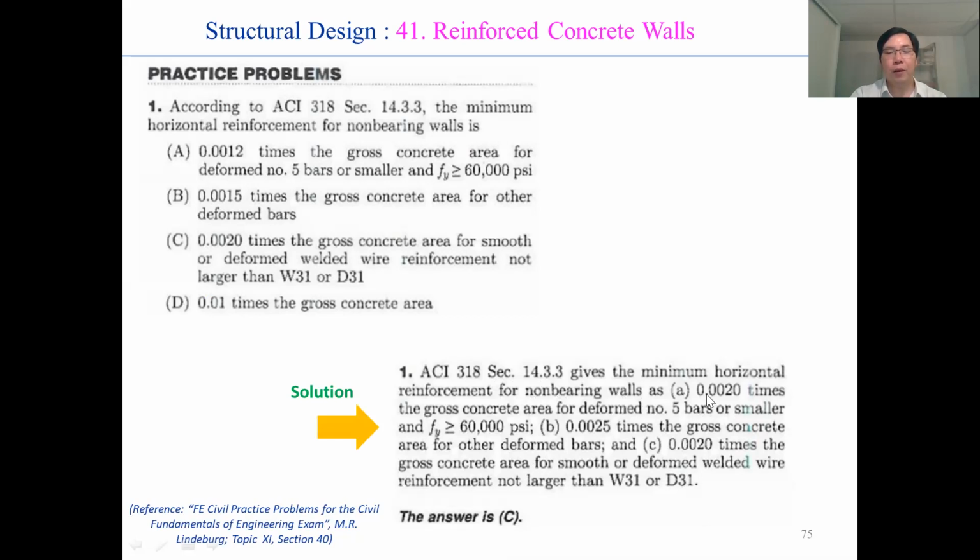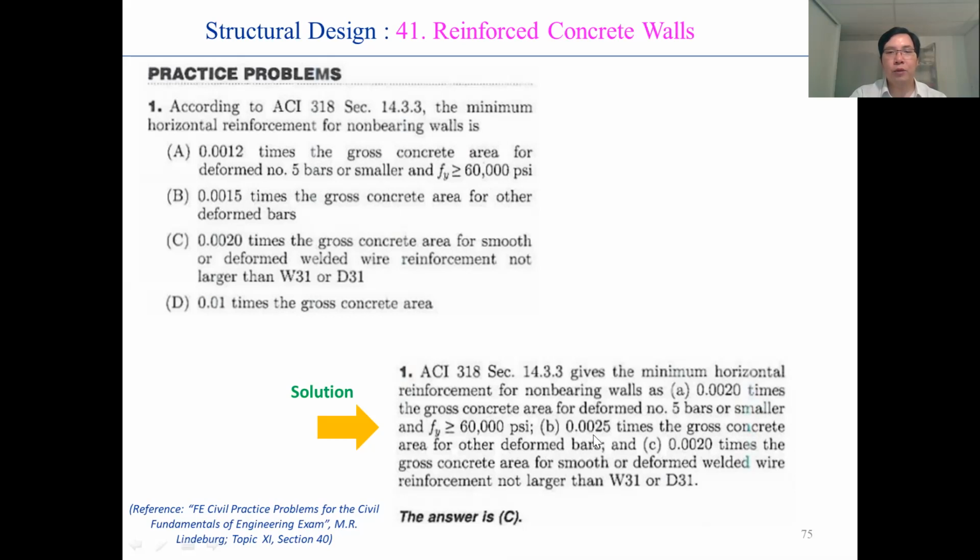A, 0.002 times the gross concrete area for deformed number 5 bar or smaller, and fy is superior to 60,000 psi.